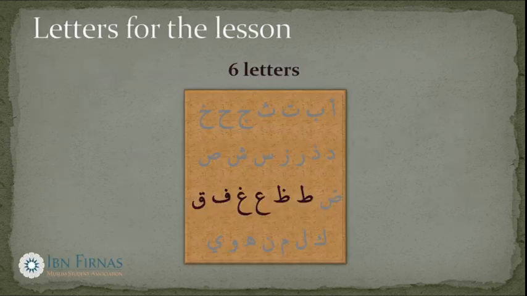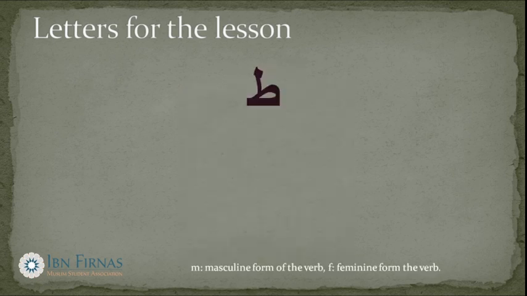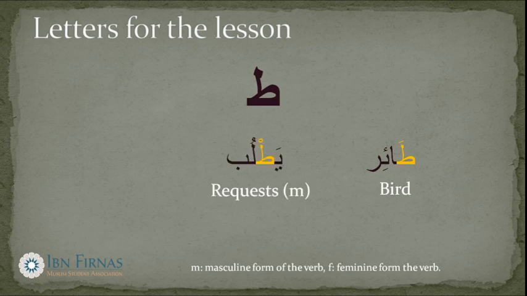Now we go to today's letters, and there are 6 letters today. We start with the ta. So at the beginning of the word, it looks like this. This is طائر. At the middle, it looks like this. And this is يطلب, requests, masculine form. And then at the end, it looks like this.